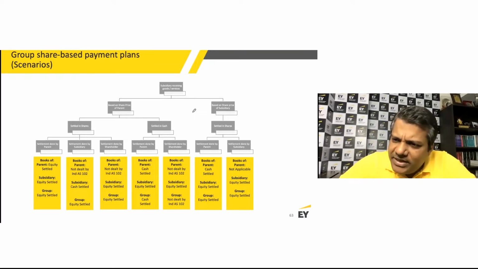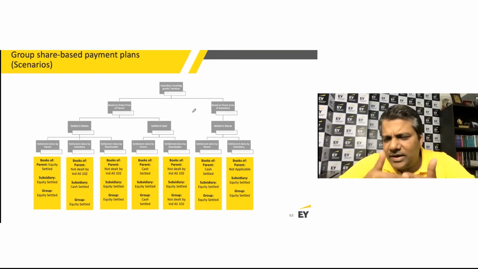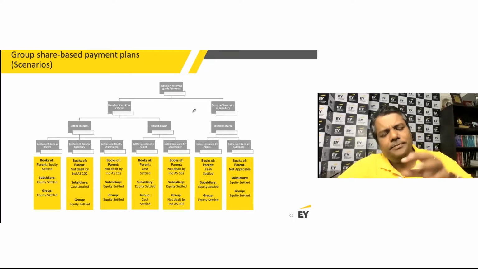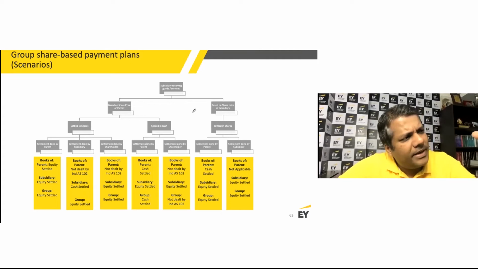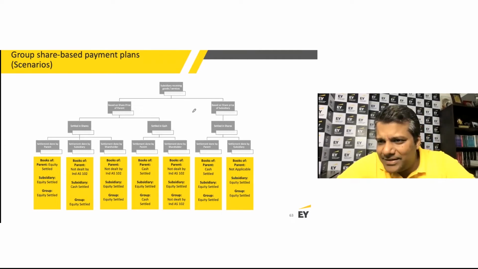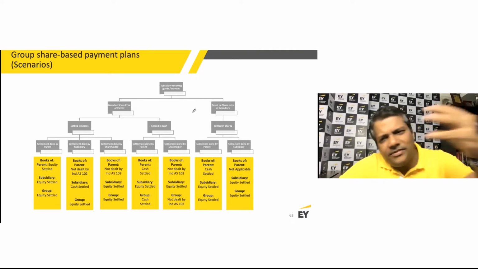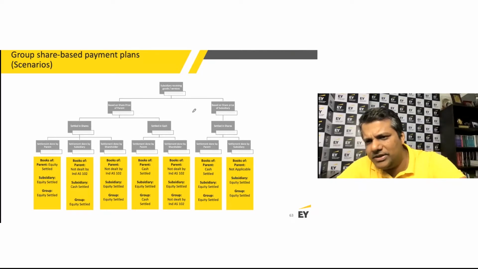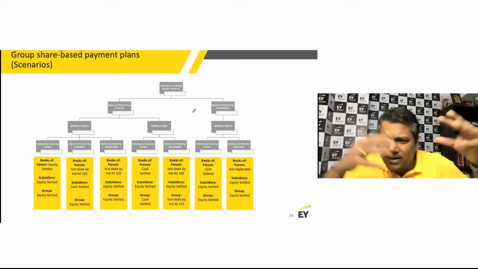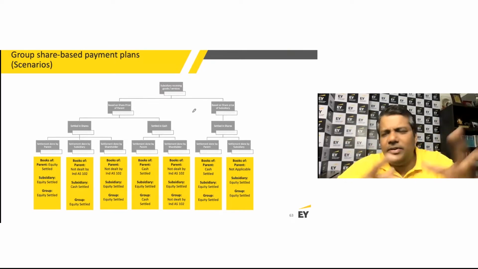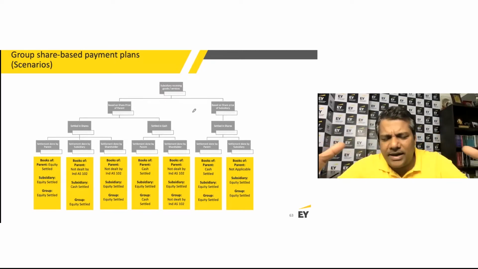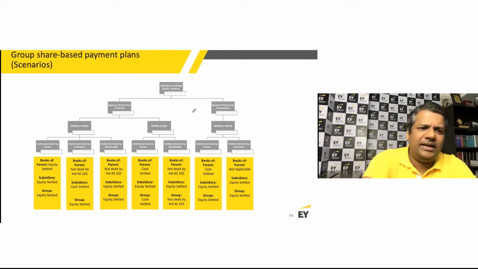So if the subsidiary employees are getting benefited, then the compensation cost is to be recorded in the books of the subsidiary. The holding company is not receiving the services. The holding company in a way is giving a grant to the subsidiary, and will record this as an investment in subsidiary. In the consolidated financial statements, all of this is eliminated. The expense will come in, and the investment and capital will get knocked out.